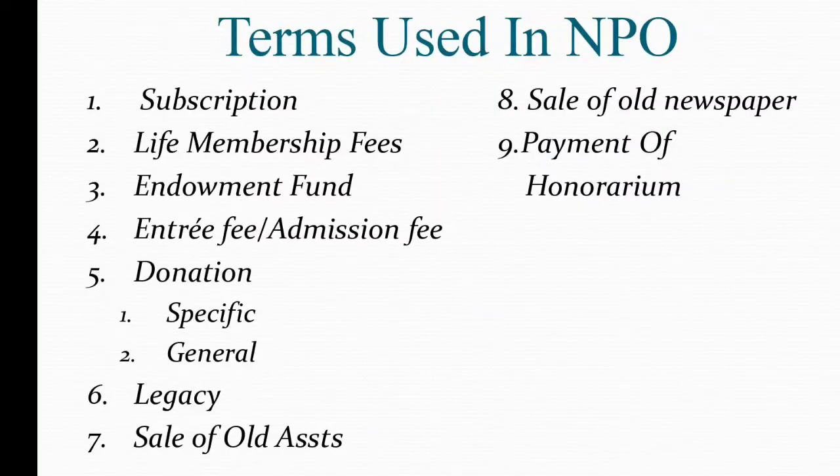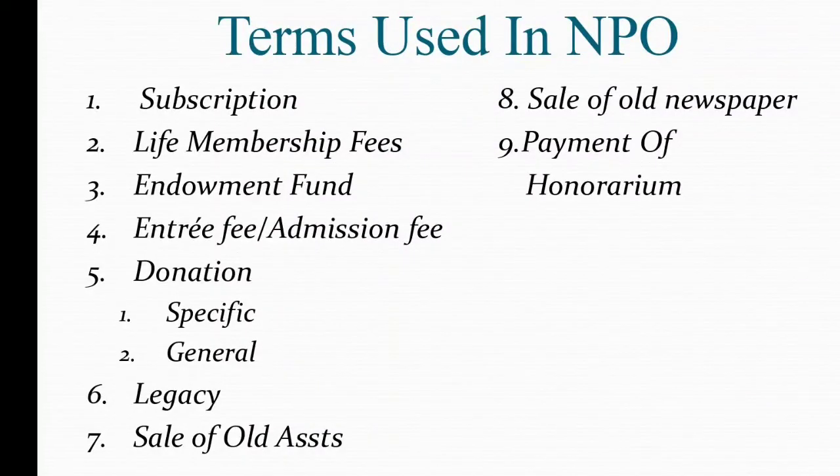Now, donations. Donations are amounts received by the organization from any person, government, or any other firm or company. These donations are utilized for the welfare of society. Donations are of two types, and their treatment depends on the type. The types are specific donation and general donation.